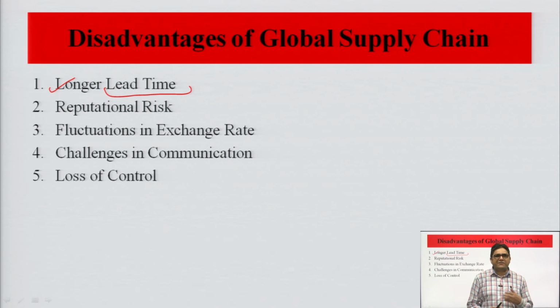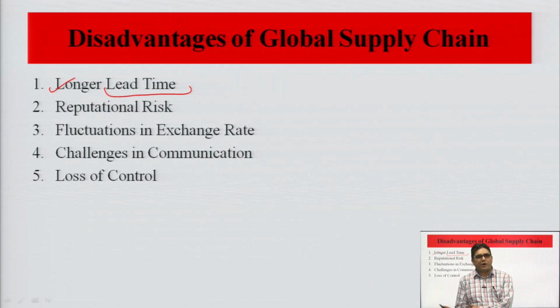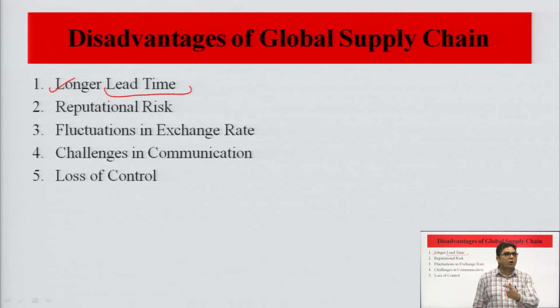On the other hand, FMCG, personal care, health care, the FMCG category products are much easier to manufacture. So, in the FMCG category, our lead time will be low, and in the complicated or difficult to manufacture products, our lead time is going to be longer.